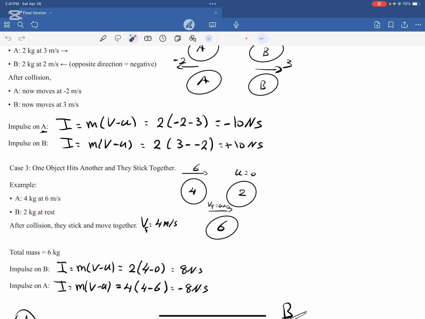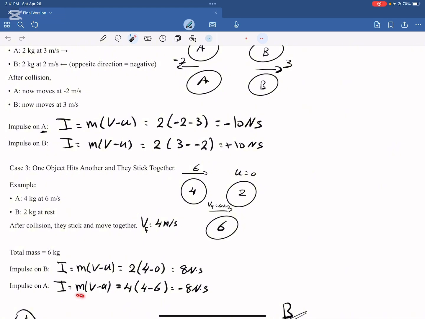When they stick together, they both moved at 4 meters per second. So you have to put this as its final velocity, even though they moved together. So that's 4. Initially it was 0, so it's going to be 8 newton seconds coming from this direction, so that's why it's positive. Now the impulse on A, which is exerted by B.